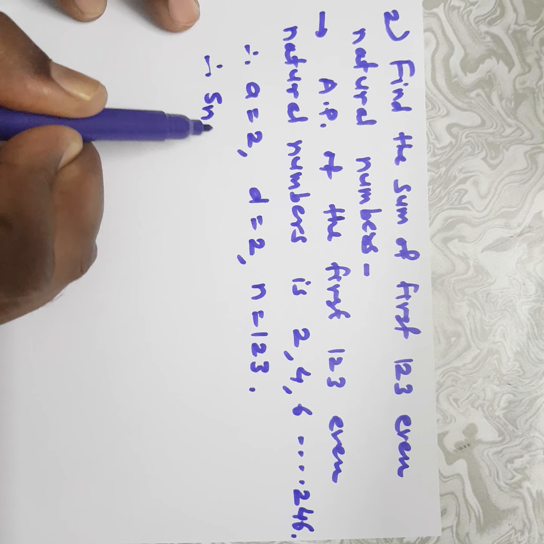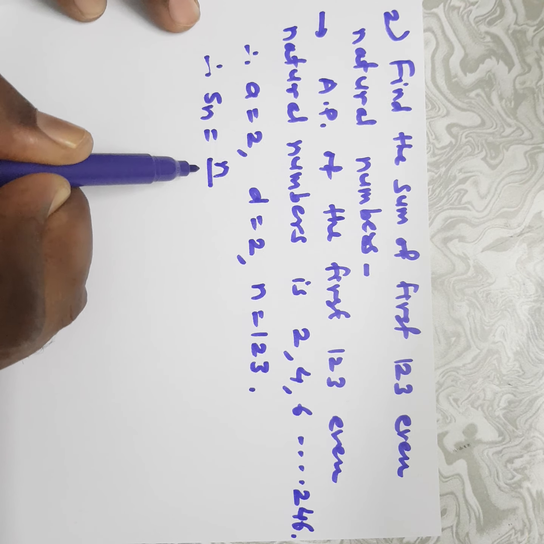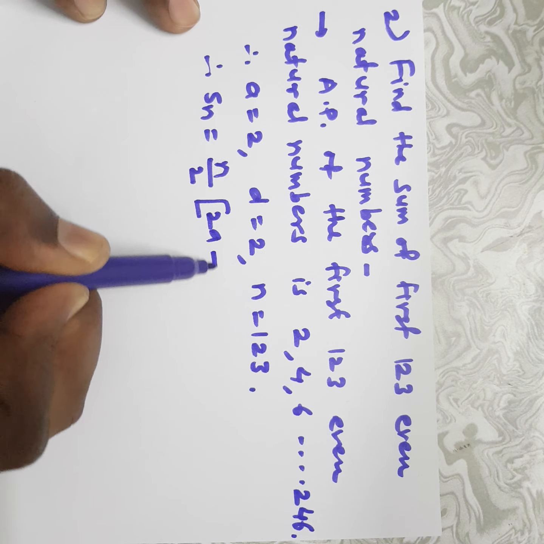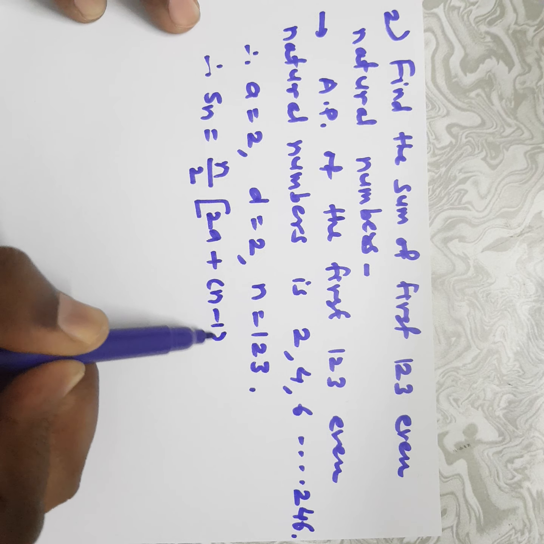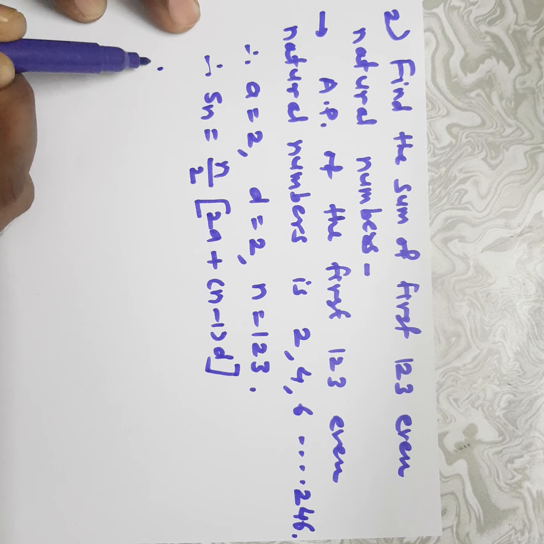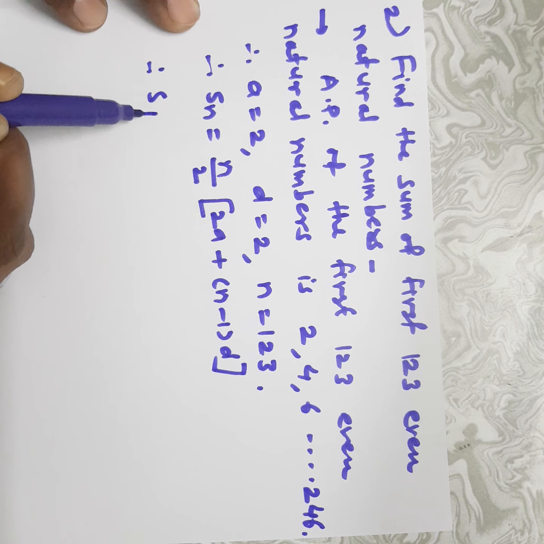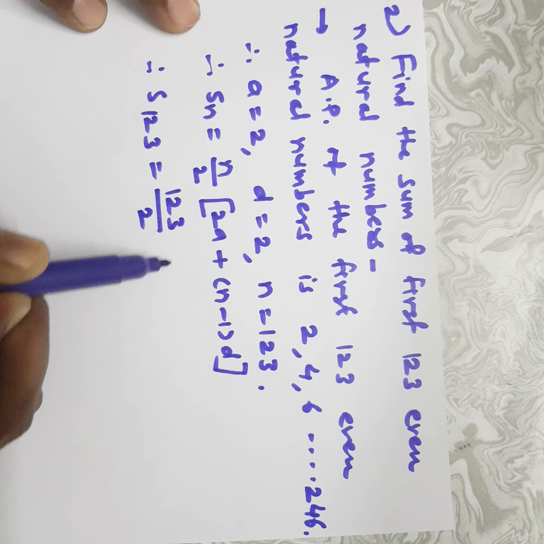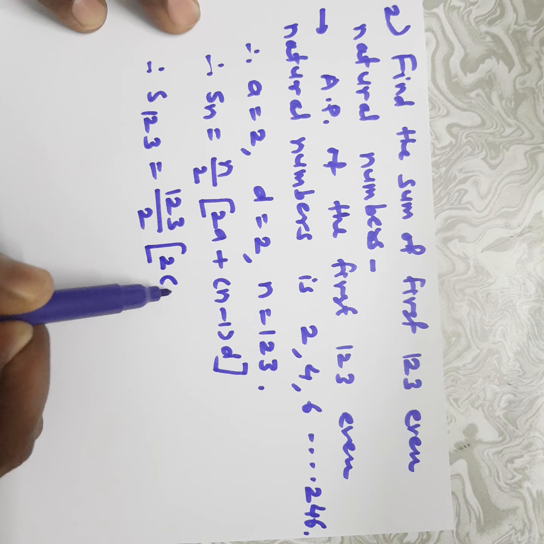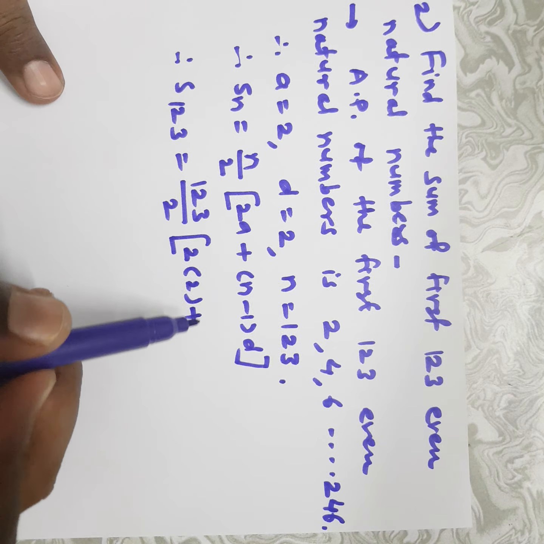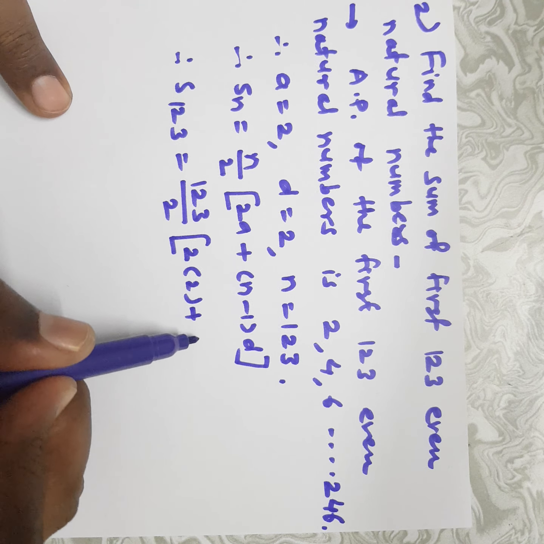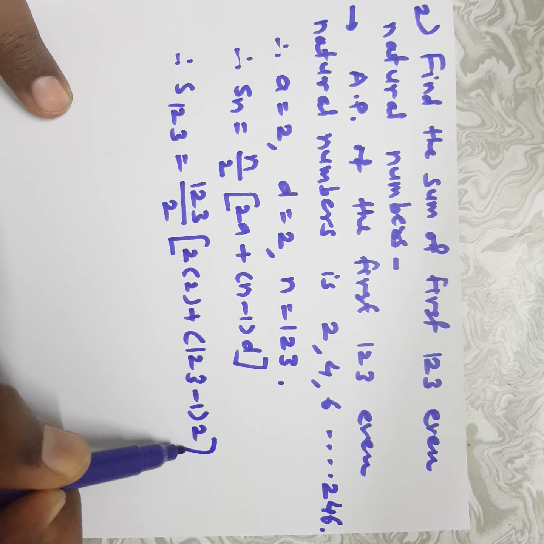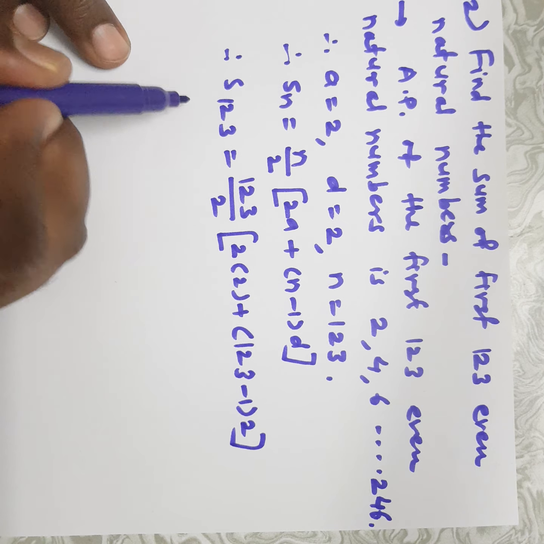Therefore, by directly using the formula Sn is equal to n by 2 into bracket 2a plus n minus 1 into d, S123 is equal to 123 upon 2 into bracket 2a plus n minus 1, that is 123 minus 1, into d, 2.